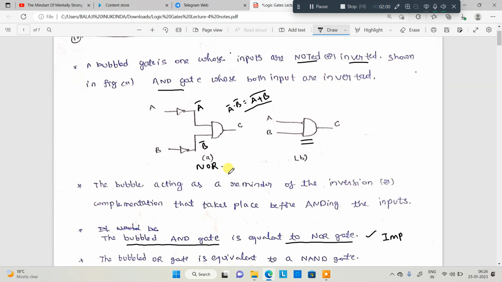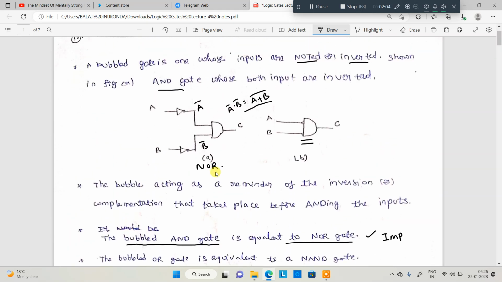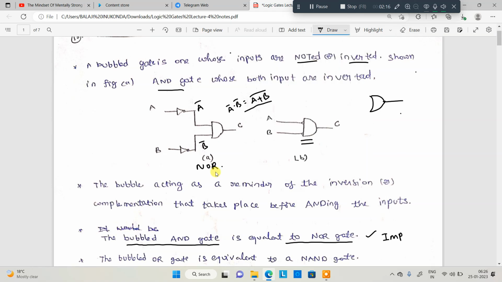In the case of an OR gate connected to the bubbles, what will happen? We'll see. This is the OR gate. It is A, it is B, both are connected to the bubbles, NOT gates. So now A bar and then B bar.